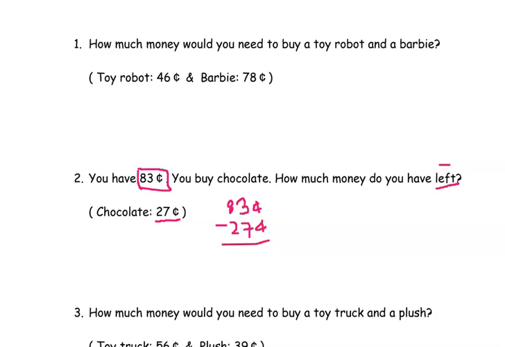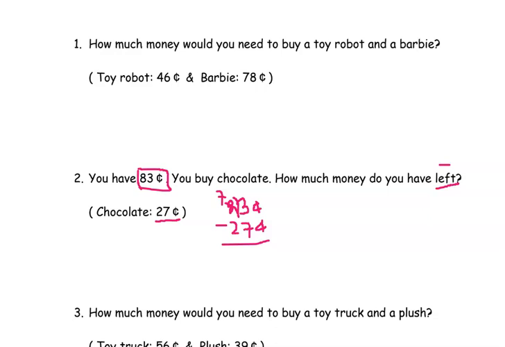Oh, look. 7 cannot go into 3, so then we cross 1 tens off. This 8 turns into 7. And then the ones place of a 3 turns into 13.